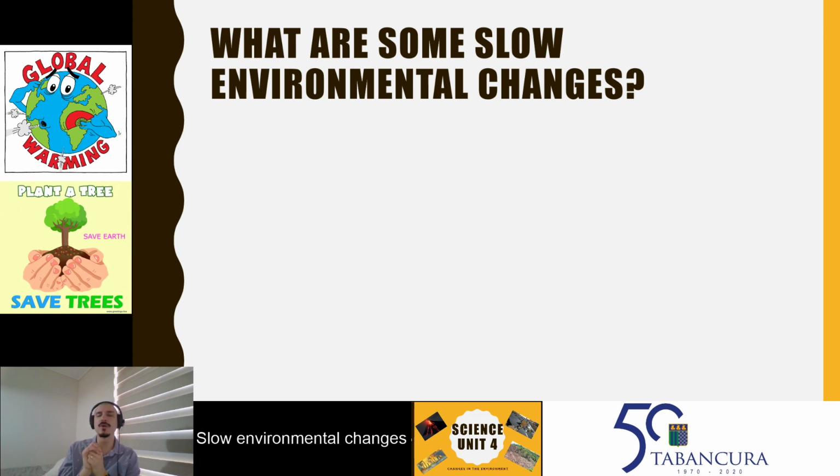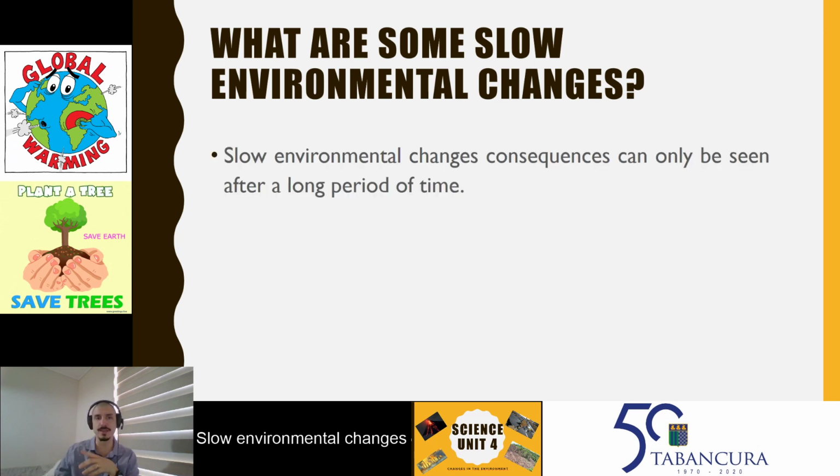They don't happen from one day to another or one month to another. It takes many, many years to see the consequences of the actions of men that led to these changes. So, slow environmental changes' consequences can only be seen after a long period of time. That is why we call them slow environmental changes.